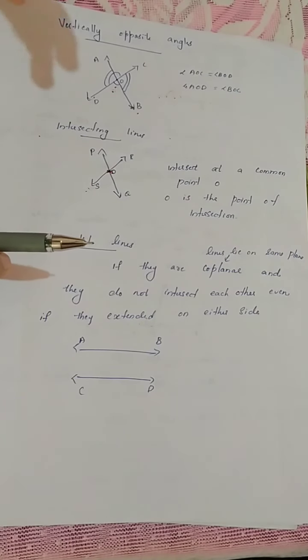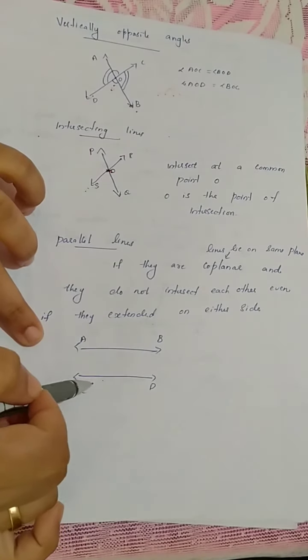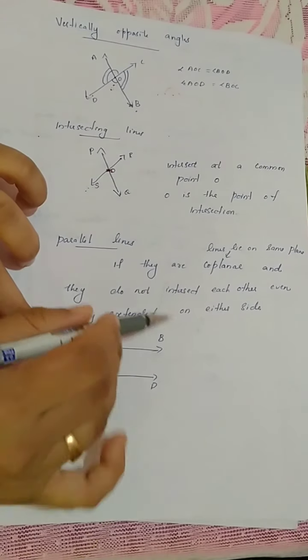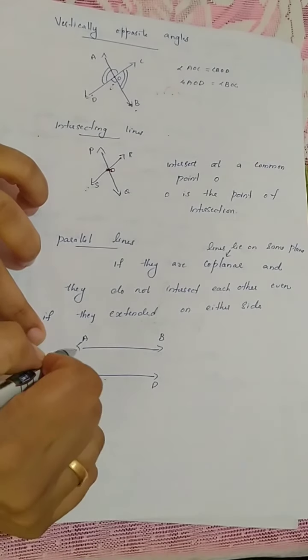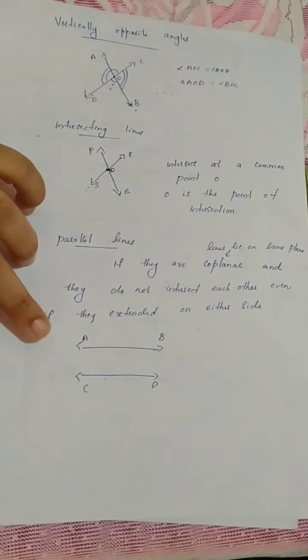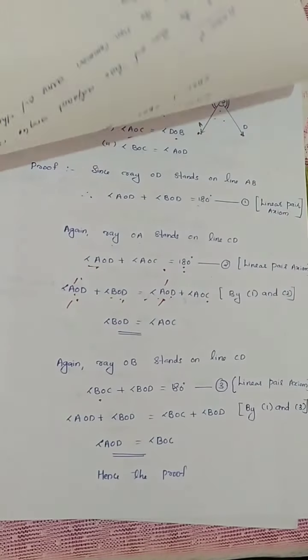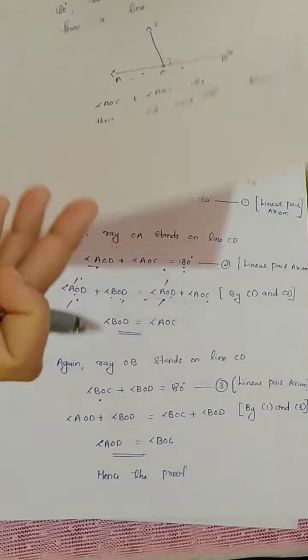So parallel lines are coplanar and they do not intersect each other if we extend both sides. AB and CD are two lines. These lines are lying on the same plane, and when we extend both sides of AB and CD, they do not intersect anywhere. Such lines are called parallel lines.